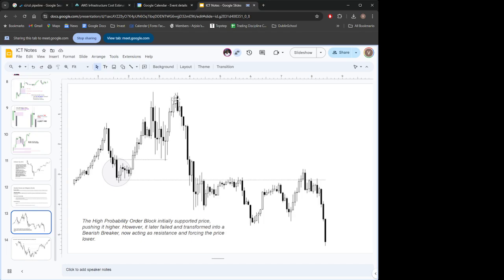And then what happened is it came down. The minute it came down below the order block, this became a breaker block. And as you can see, now it is offering resistance for things to go higher.